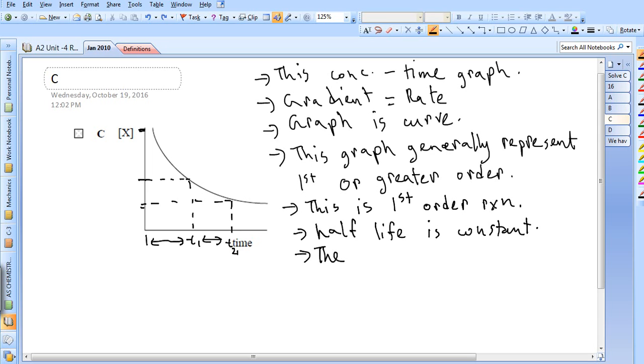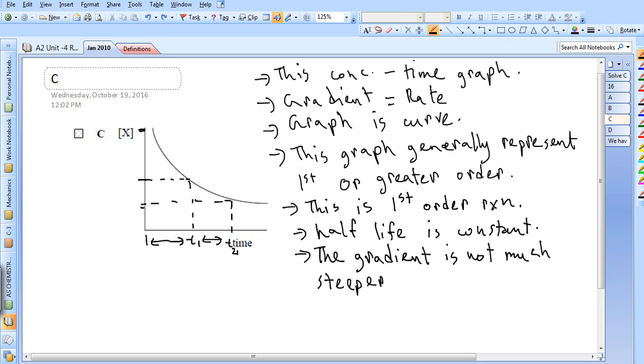The gradient is not steeper, not much steeper. We're gonna look at the graph for second or greater order later on. For the time being, we're gonna say that the gradient is not much steeper.